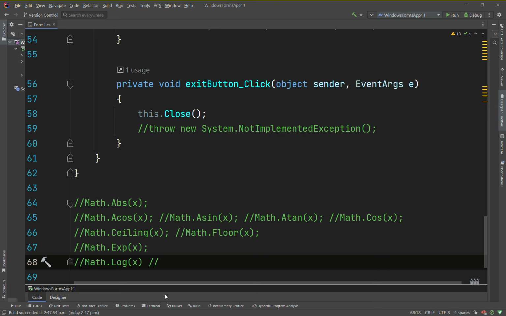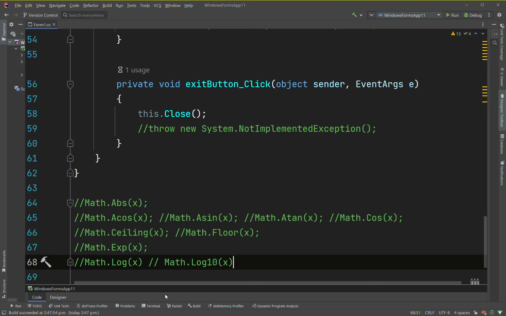The argument x is a double, and the value that is returned is a double. Then we have Math.Log10, so I think it's a base 10 log. Returns the base 10 logarithm of x. The argument x is a double, and the value that is returned is a double.